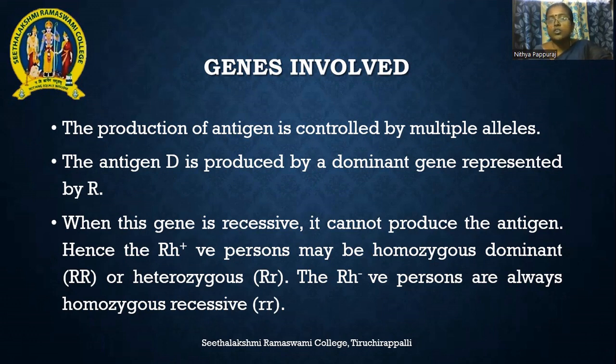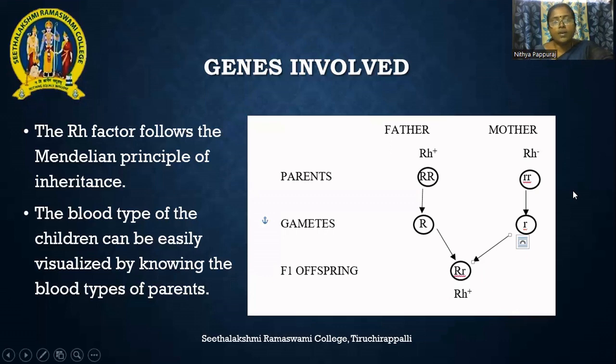Hence, the Rh positive person may be homozygous dominant, that is capital R capital R, or heterozygous, capital R small r. The Rh negative person is always homozygous recessive, small r small r. The Rh factor follows the Mendelian principles of inheritance.